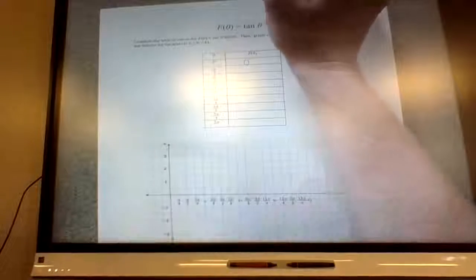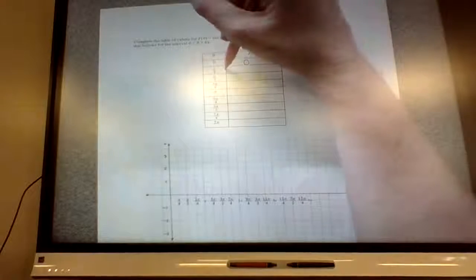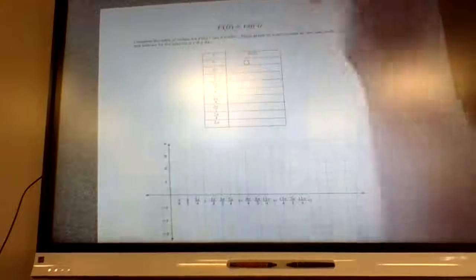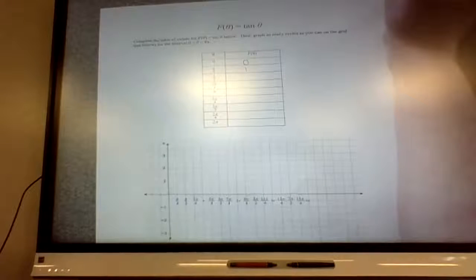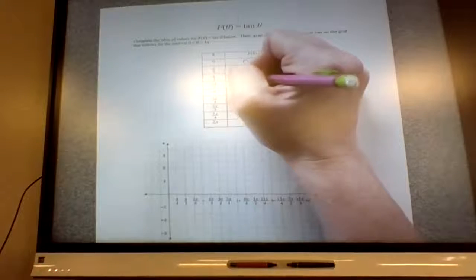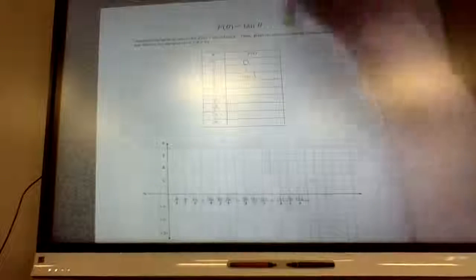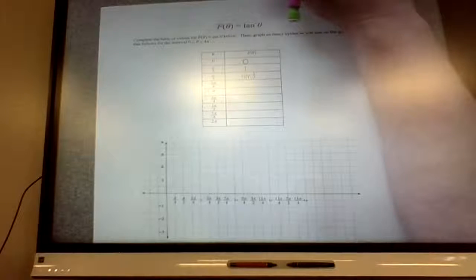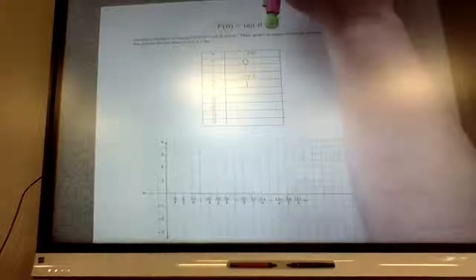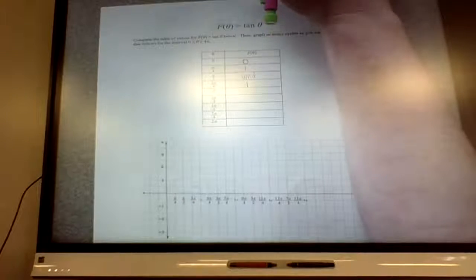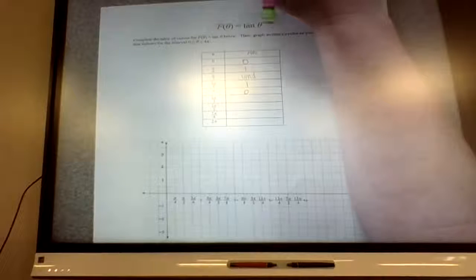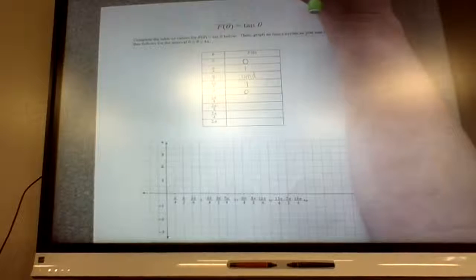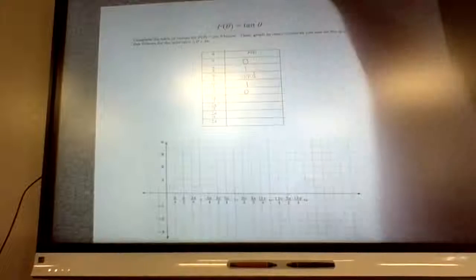What's the tangent for pi over 4? 1. 3 pi over 4? Pi? 0. What? 1.